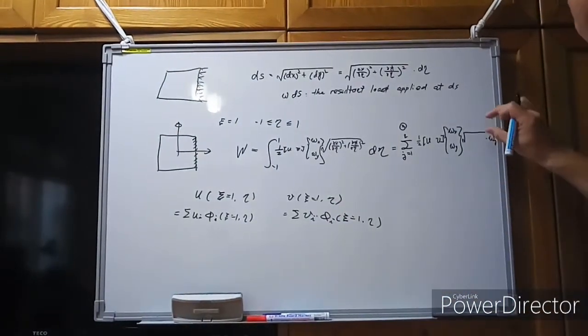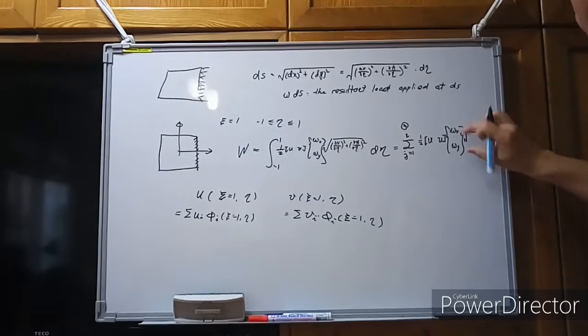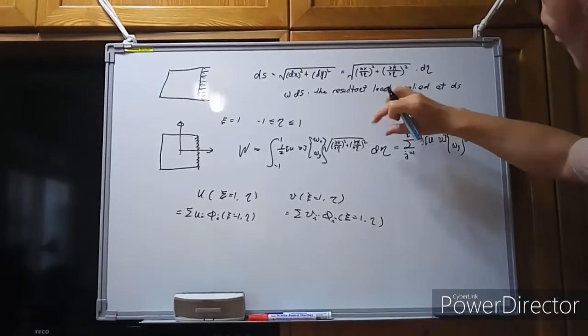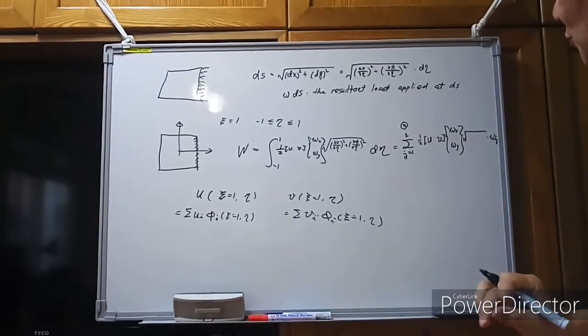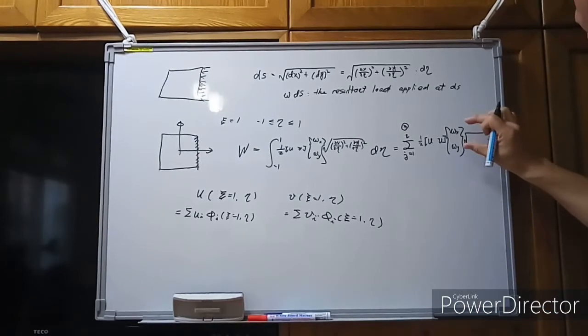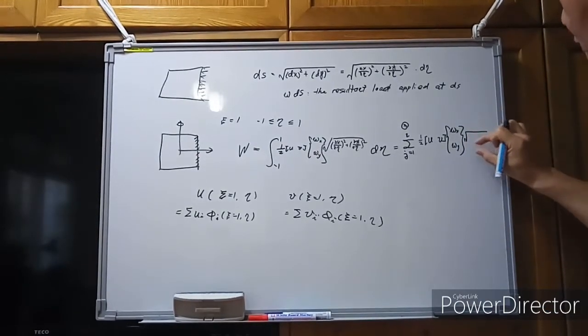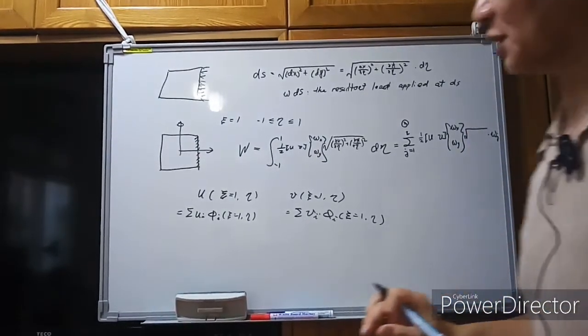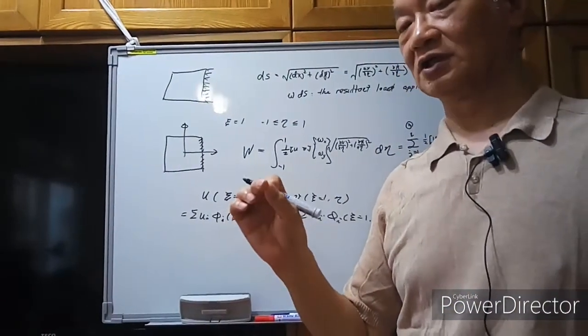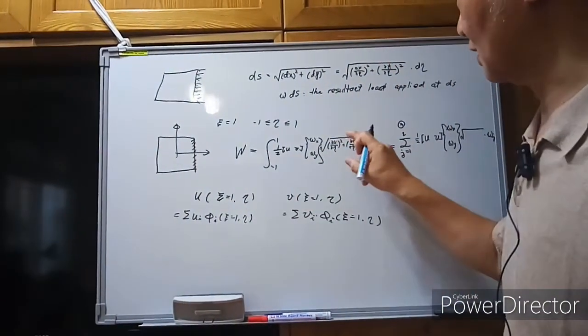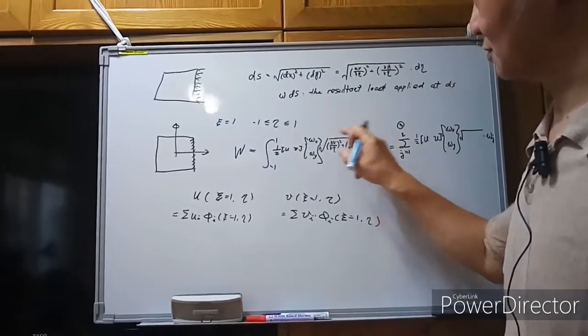Okay, so you need to calculate the uv function at the integration points. And also, the other term which is also related to the coordinates of the integration points, this square root.